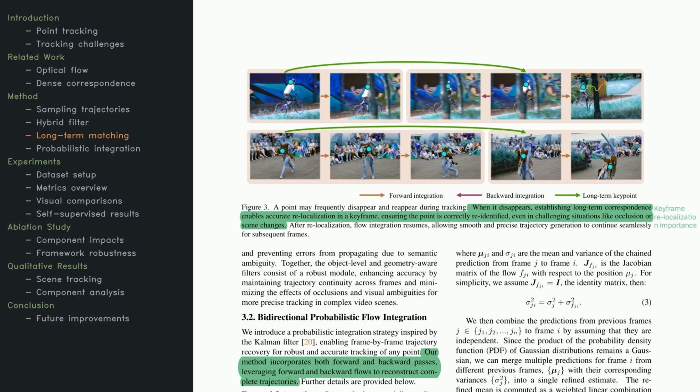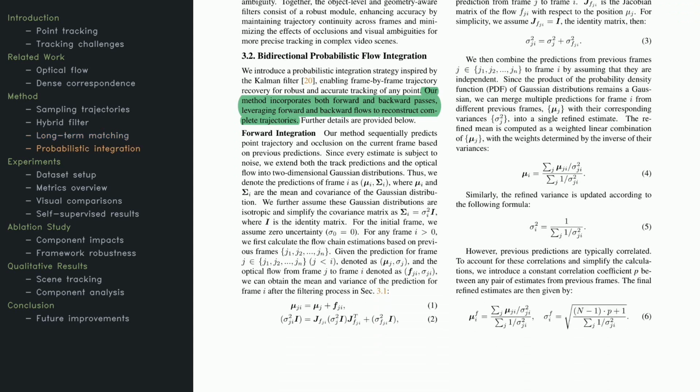It shows long-term key points anchoring the tracking, while integration smooths out shifts from one frame to another. The probabilistic flow integration takes multiple predictions, like forward flow, backward flow, and merges them statistically. This helps cut down errors and makes the whole system more robust, even in tough scenarios where objects overlap or move unpredictably.